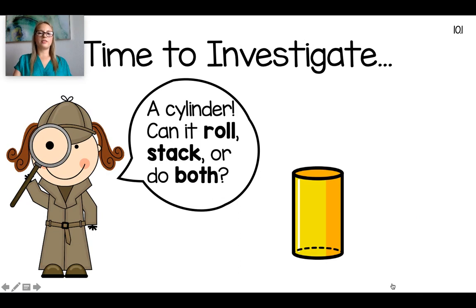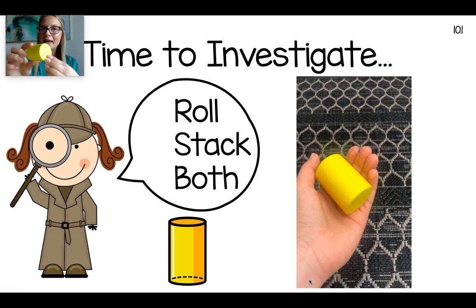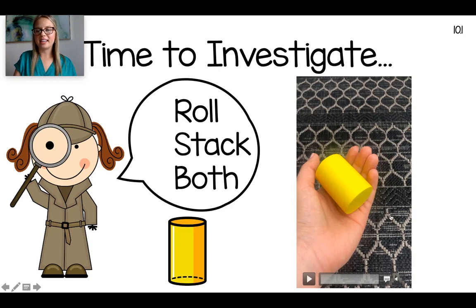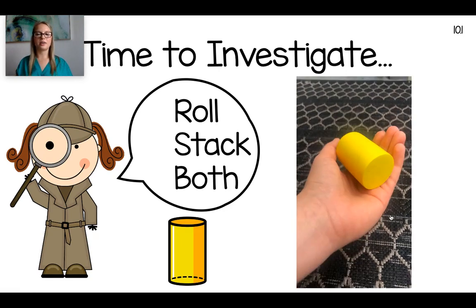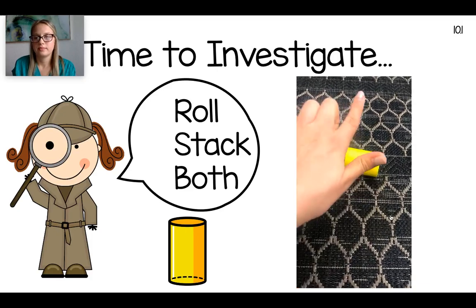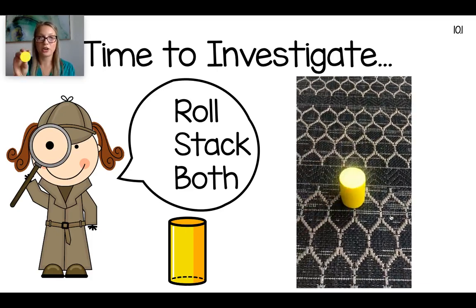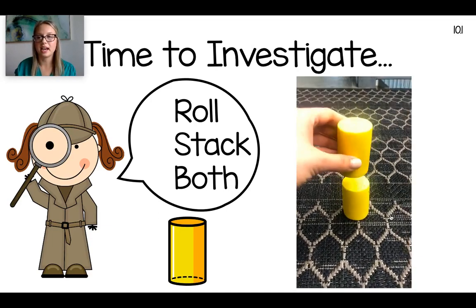The next shape we're investigating is a cylinder. Can it roll, stack, or do both? Let's find out. Kind of looks like a can. Well, we see that it has a curved edge, right? So we can guess, what do you think it can do? Let's see if it can roll, stack, or do both. It can roll, right? Good, because it's got a curve. Can it stack?